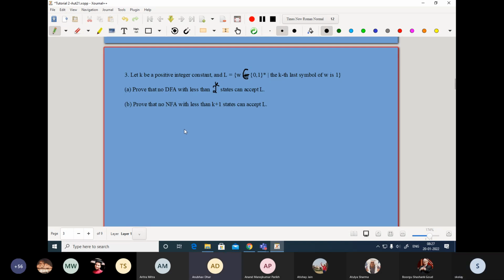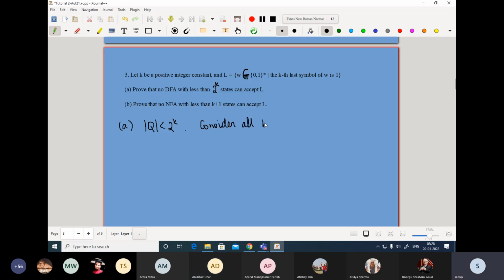Ma'am, for the first part, for the sake of contradiction, we can assume that the number of nodes of a DFA is less than 2 to the power k. Okay, so suppose the size of Q is less than 2^k. Then we can consider the set of all k-length binary strings, {0,1}^k.